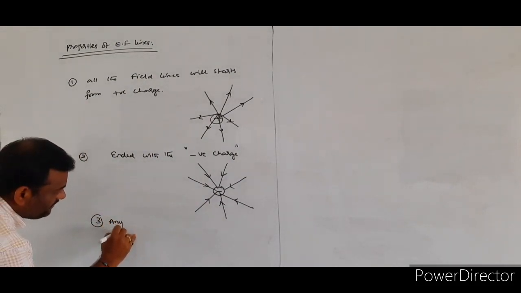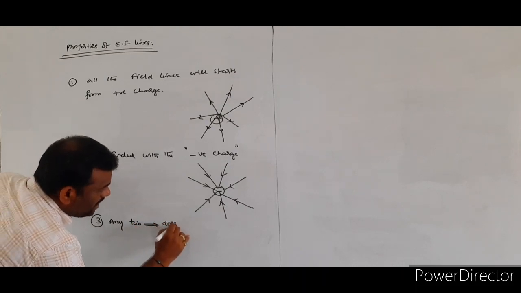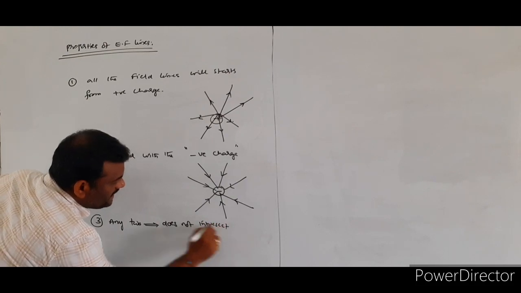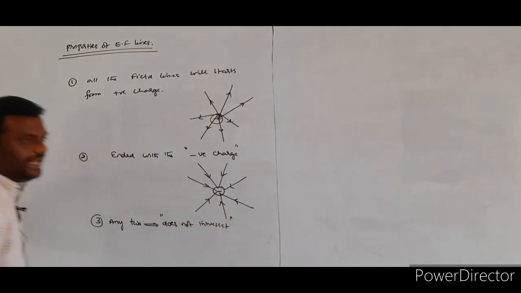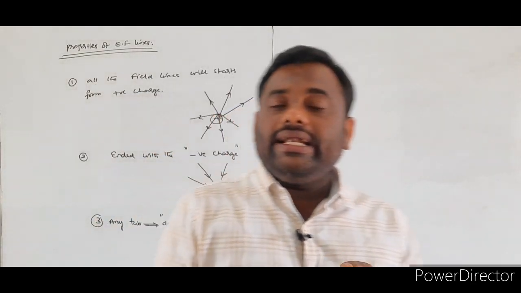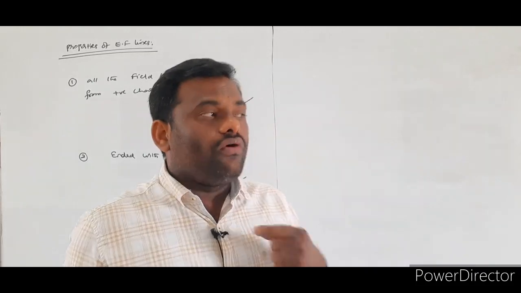Next, third point. Any two lines of force do not intersect. If you consider any two electric field lines, they do not intersect. Why?